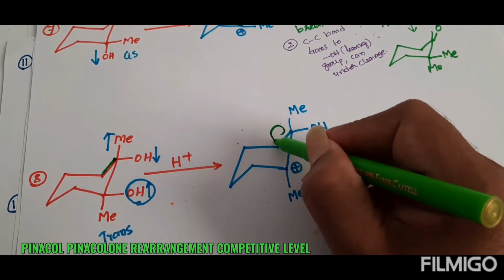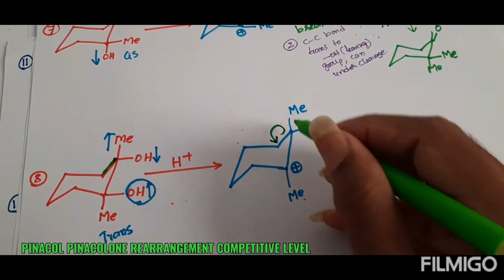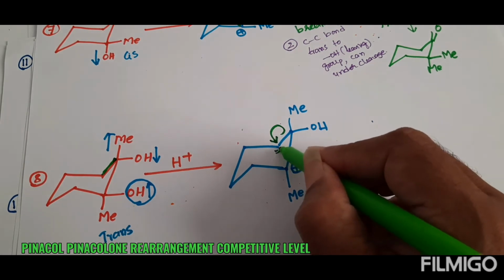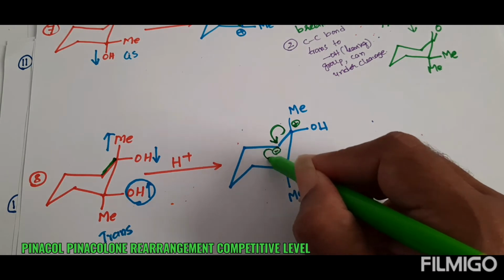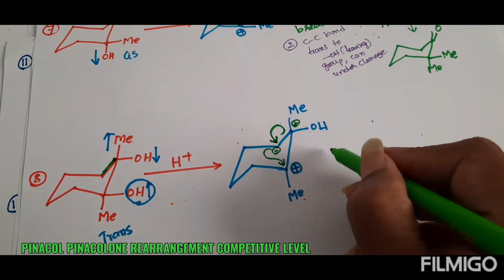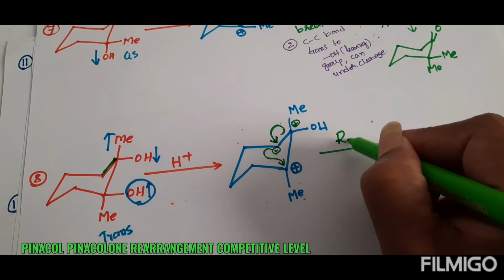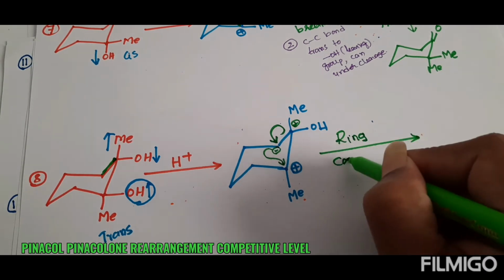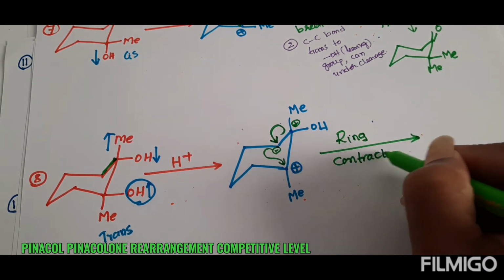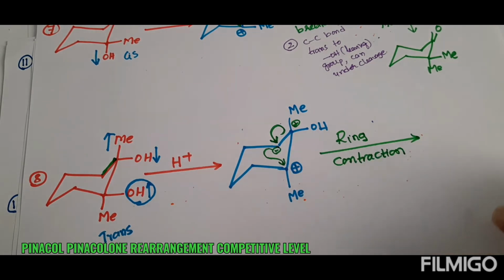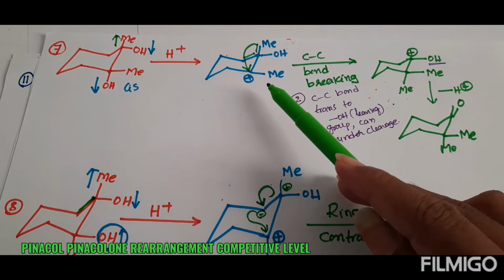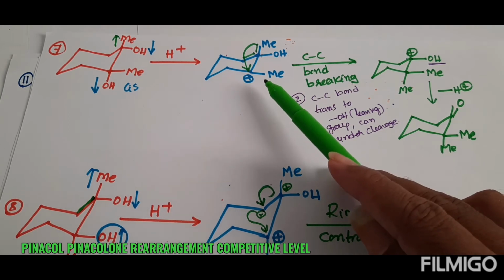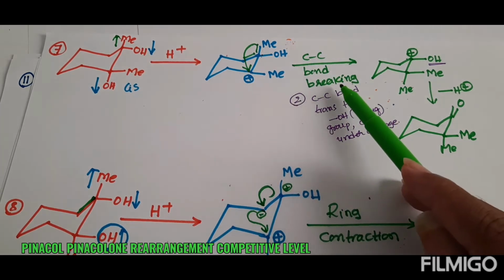As a result, it shifts the electron density to here, and this now gets the negative charge, and this gets the positive charge. This negatively charged group will attack this one. That means ring contraction will take place. Be careful. Students have to remember, whenever the positive charge is developed on the ring, it itself undergoes C-C bond breaking.